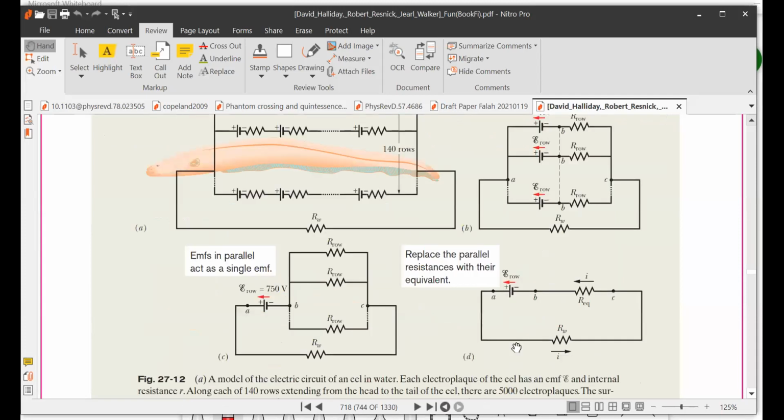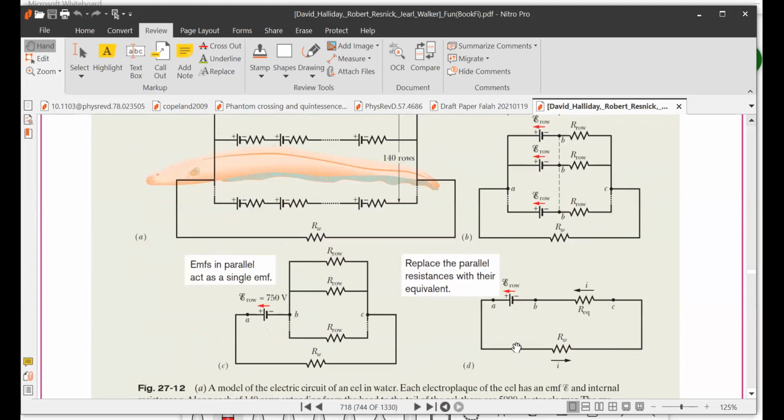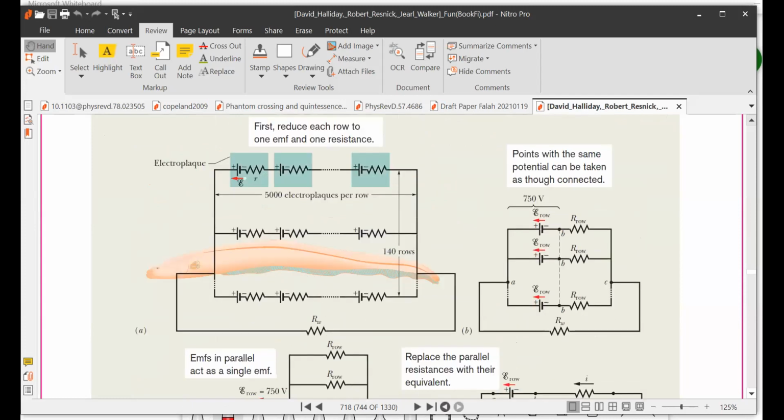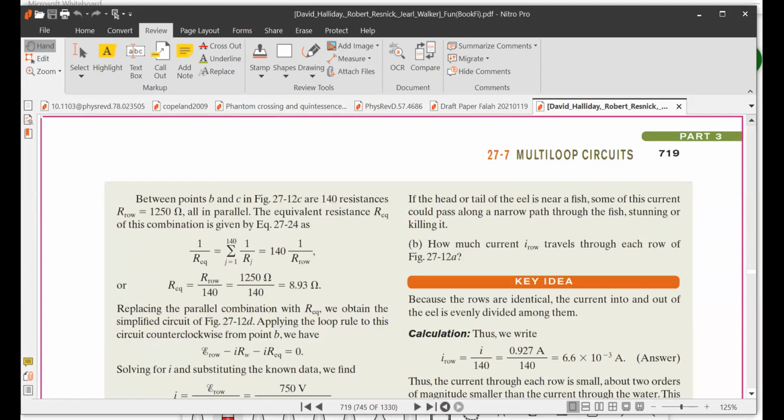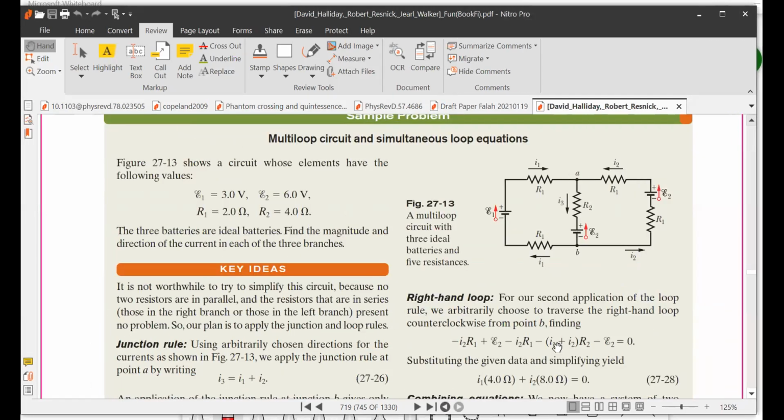This one. Okay, this one. This is similar to our case.